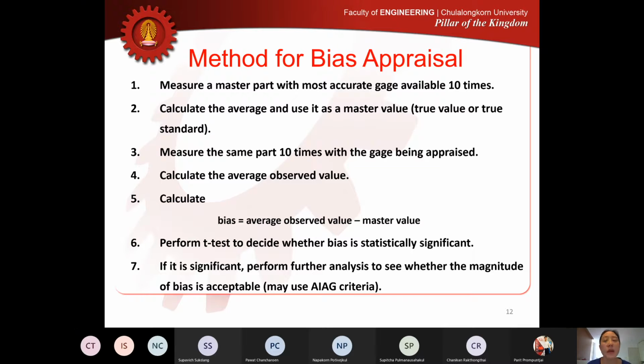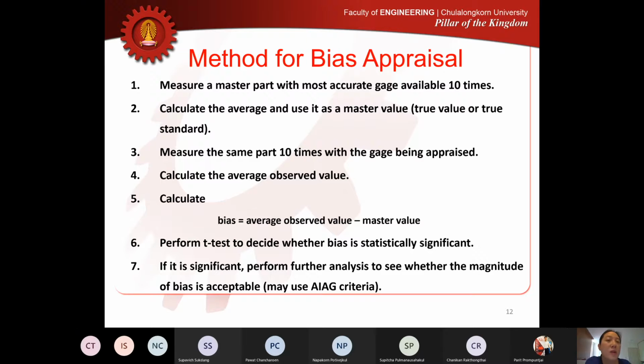If our company takes one part to the institute and has that part measured by a gauge that we believe will give the correct result, and it gives the number 10.0, we will believe that the part has a dimension of 10.0.